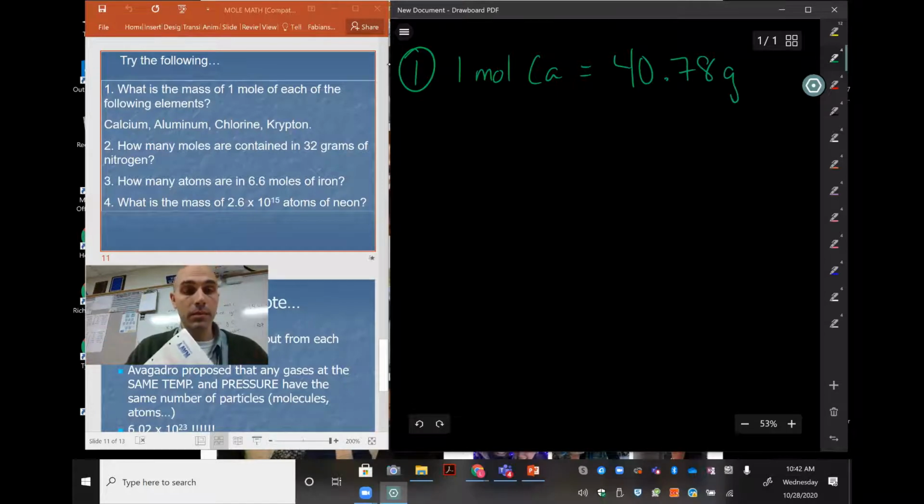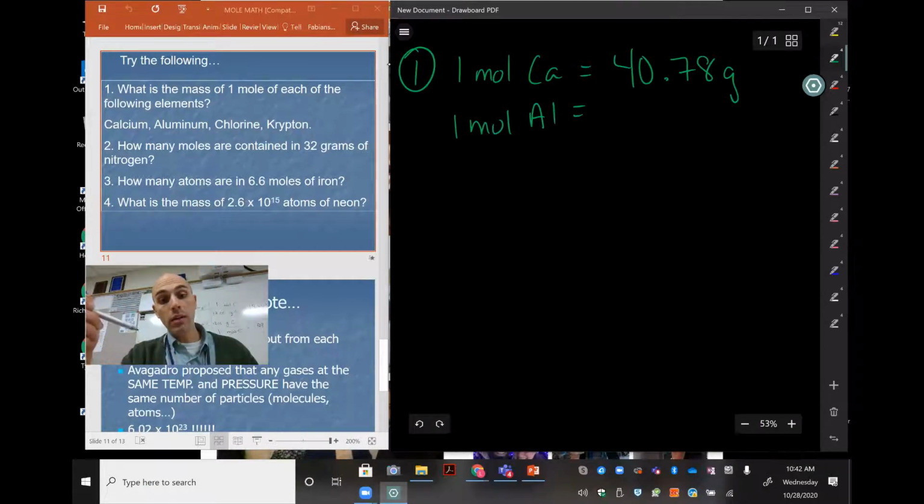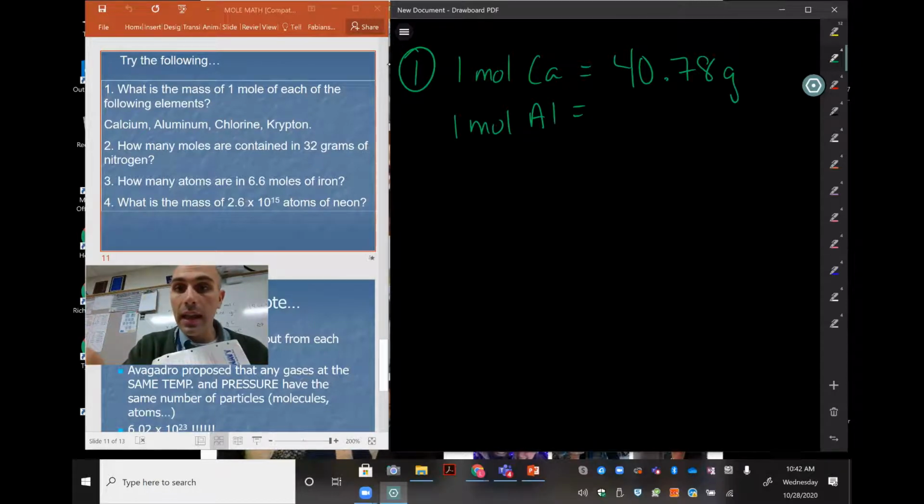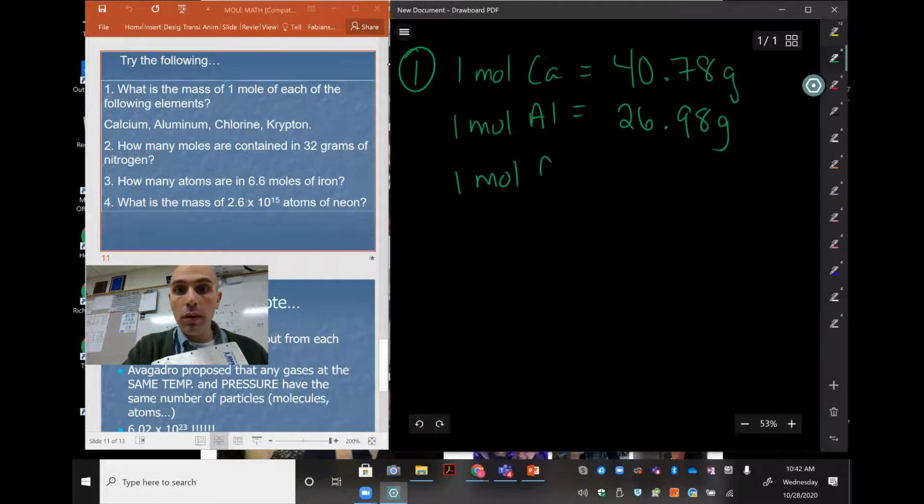40.78 grams. 1 mole of aluminum, looking at our periodic table, Al, 26.98 grams. 1 mole of chlorine, Cl, is 35.45 grams.